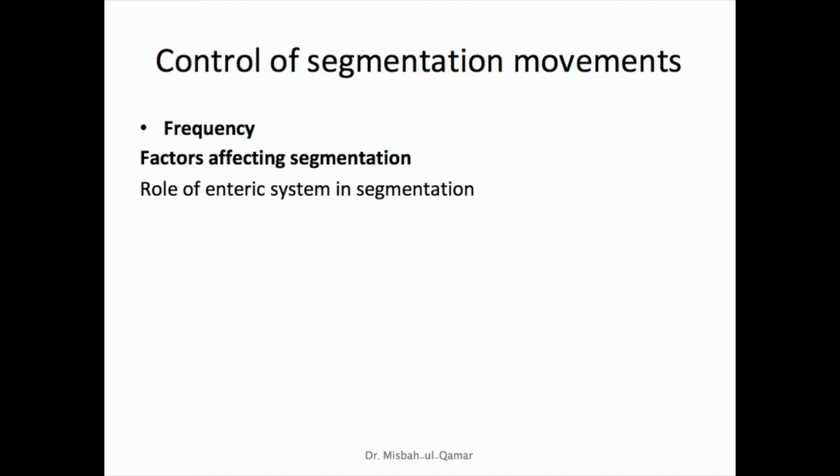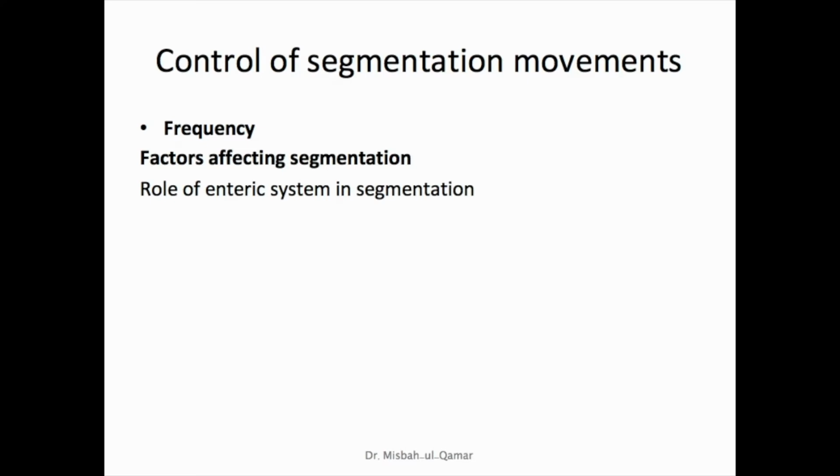Segmentations are initiated by small intestinal pacemaker cells and they are mediated by enteric nervous system. Their frequency depends on the basic electrical rhythm, meaning the frequency of electrical slow waves.